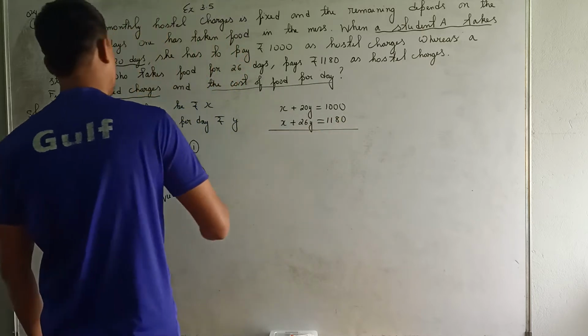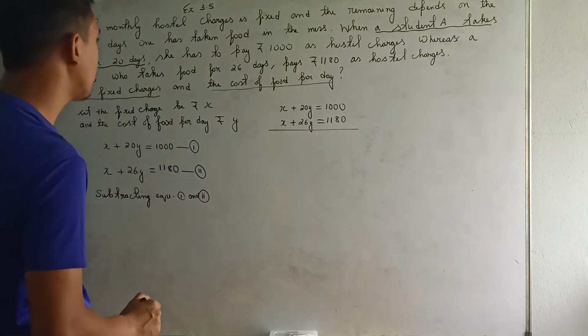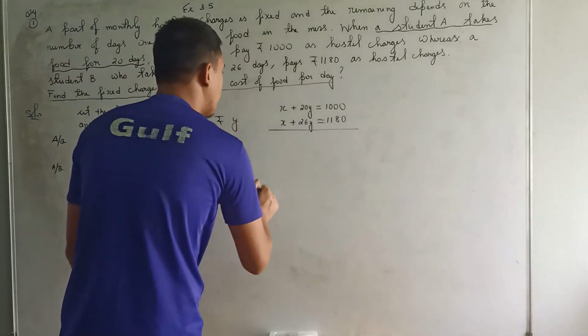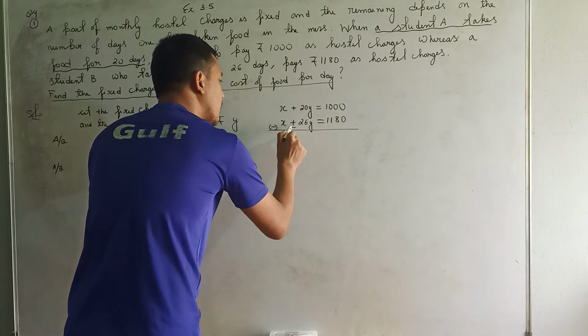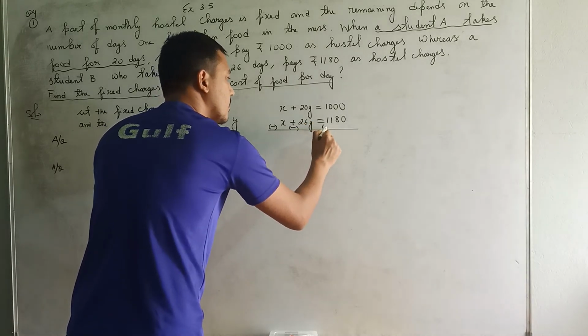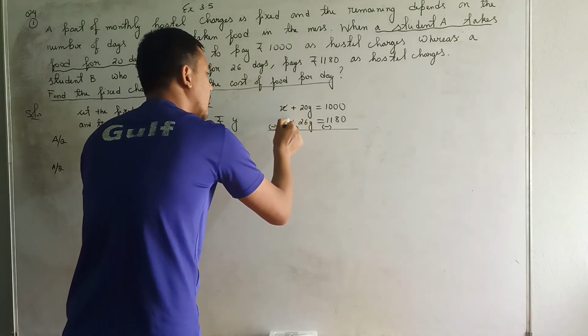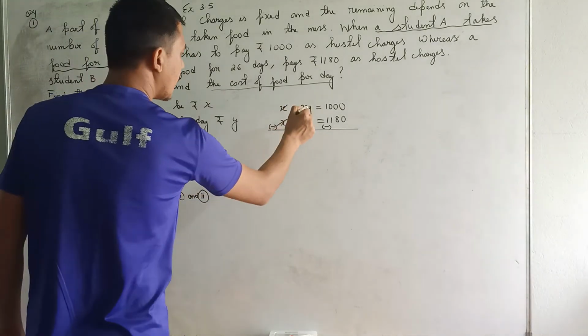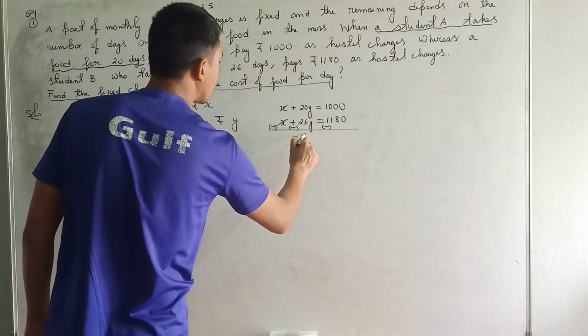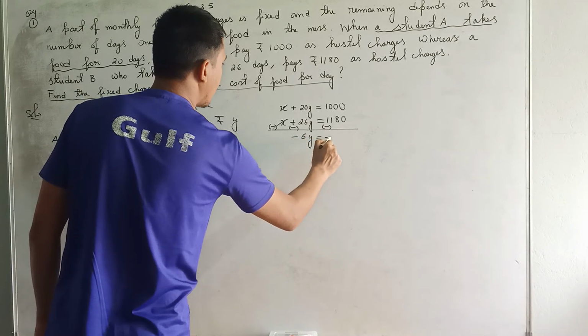If we subtract, we change the sign of the lower equation. This is positive, so you make it negative. The x minus x gets eliminated. 20y minus 26y is minus 6y, equals minus 180.